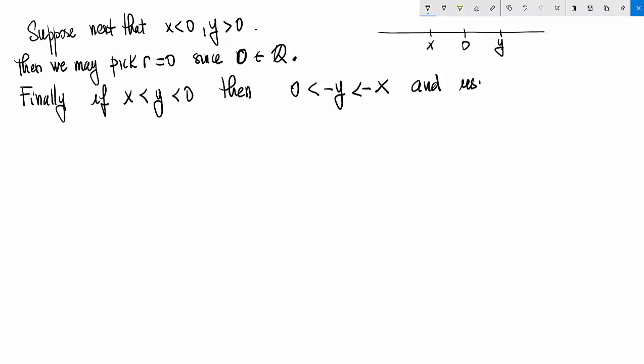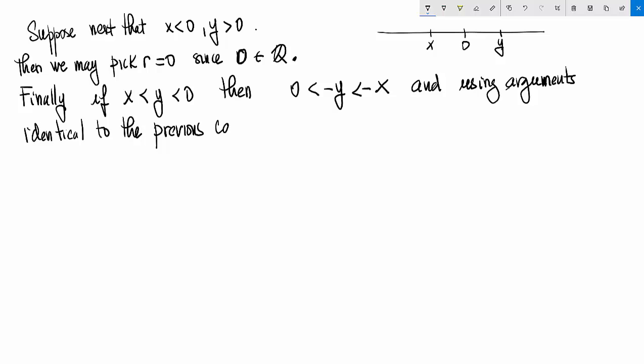And using arguments similar, in fact identical to the previous case, there exists a rational number q such that, because negative y and negative x are both positive, you can find a rational number sitting in between those two numbers.